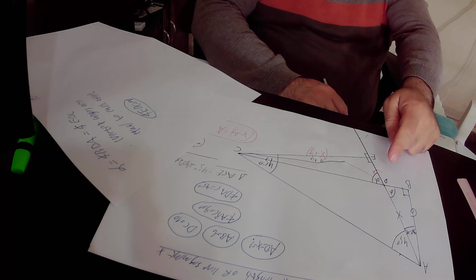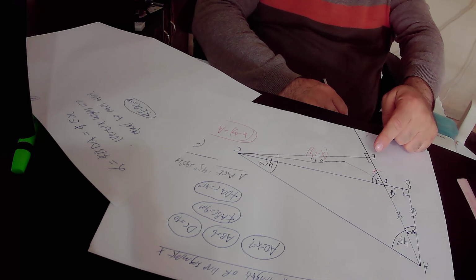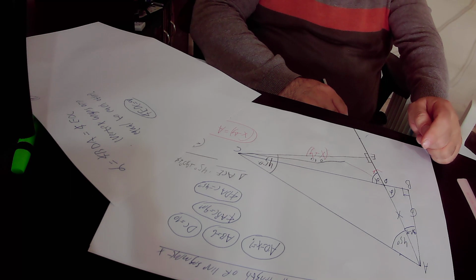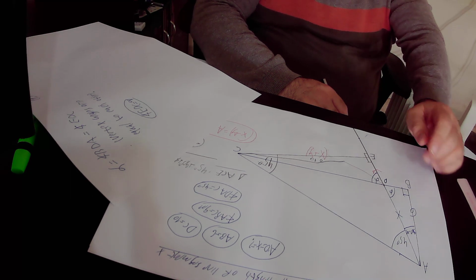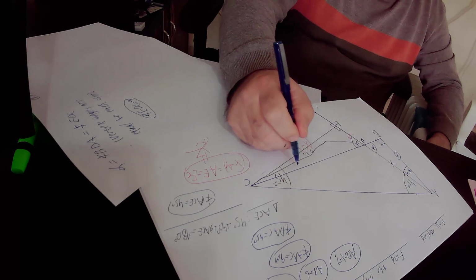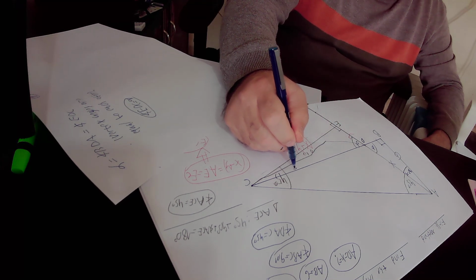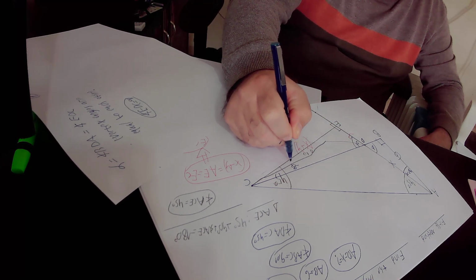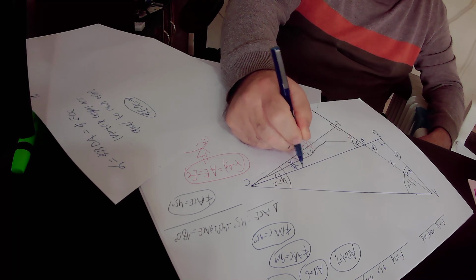Likewise, in the right triangle DEC, the sum of the angles must be equal to 180 degrees, so this angle equals alpha, so this angle must be equal to 90 degrees minus alpha in order to complete the sum of the angles in this right triangle to 180 degrees.